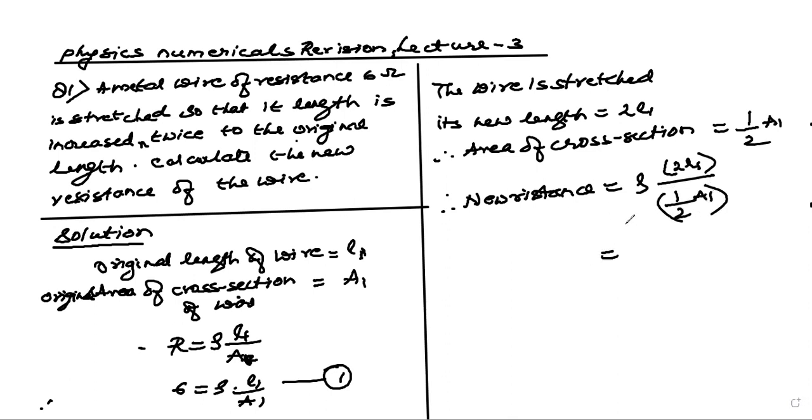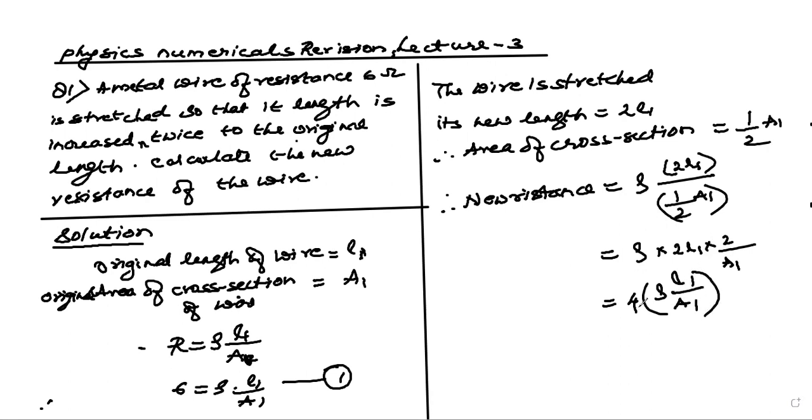So new resistance is rho into 2L1 divided by A1 upon 2, which is the reciprocal. So it becomes 2 twos are 4, 4 times rho into L1 upon A1.